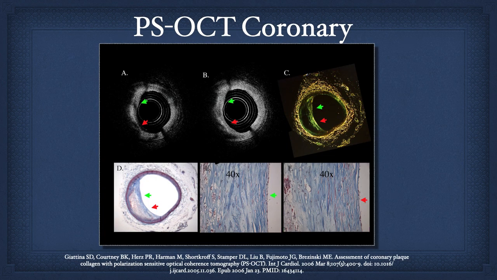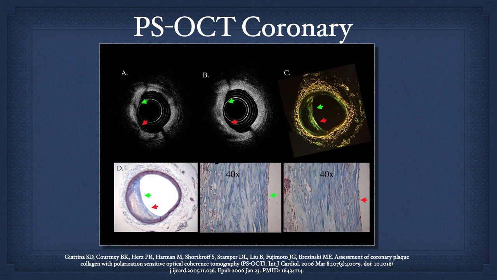And back, if my eyes can read this slide, well, 2006, we showed this in coronary arteries. So if you look at the area with the green arrow, as we rotate the polarization in A and B, it doesn't change very much. And if we go to C, this is picrosirius staining, which is for organized collagen.